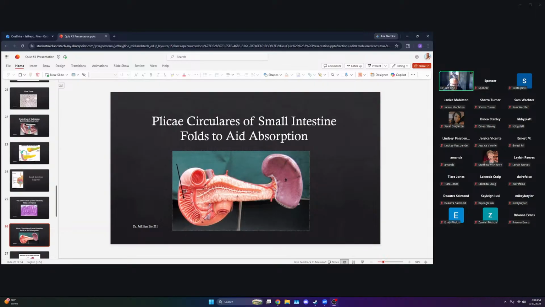And again, these are folds, like the rugae of the stomach. But in this case, it's not to allow the small intestine to get larger like the stomach does. In this case, it's to increase surface area again, to latch onto and capture as many of the nutrients as we can coming through our alimentary canal. All right, so know the plicae circularis and know this image, because this looks a lot like a quiz question, because it is.